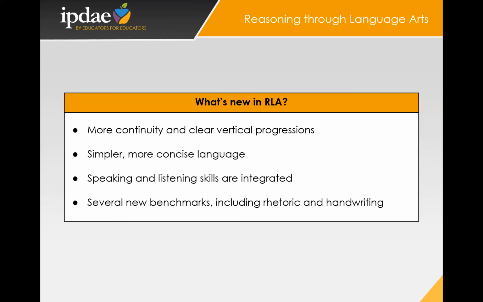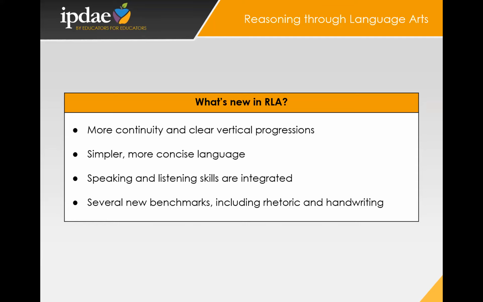Several new benchmarks are actually added to the new RLA as part of us moving forward and covering the areas that we feel are very important. Not only does it promote critical thinking, but it also helps our students gain employment.